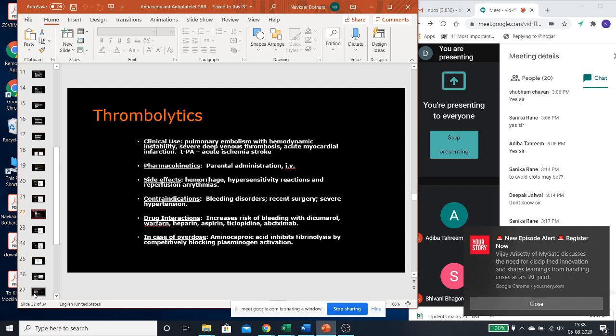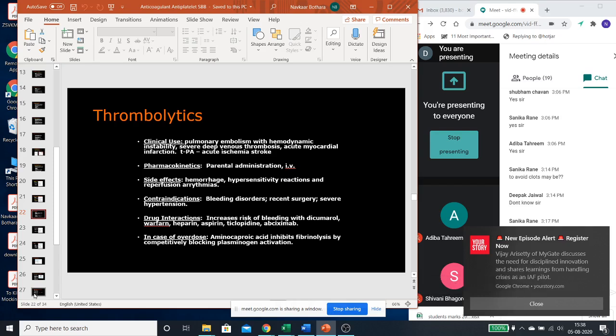Contraindications: all bleeding disorders, recent surgery, because if the wound is not yet healed, there are chances that blood will flow from it, and severe hypertension, because in severe hypertension many times the blood vessels become fragile and there are chances of severe bleeding. So a hemorrhagic situation can arise, and therefore these agents are not to be used.